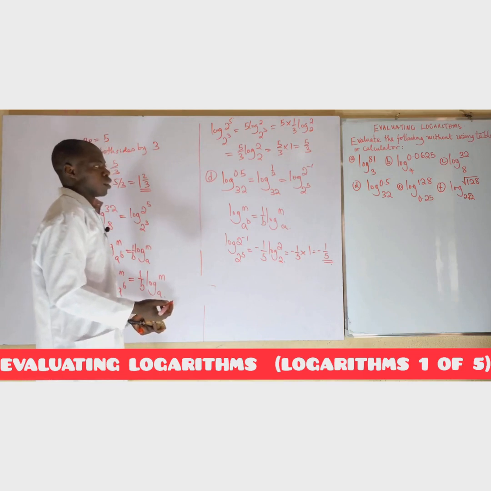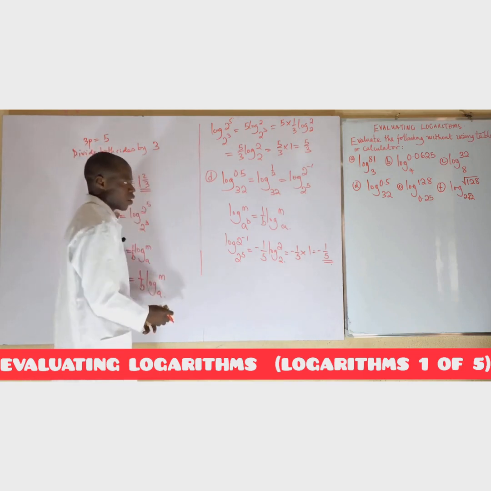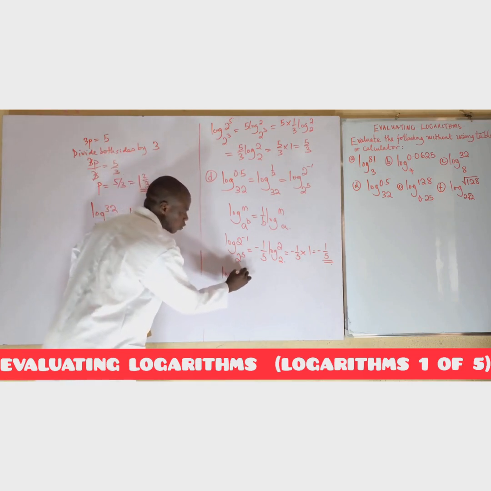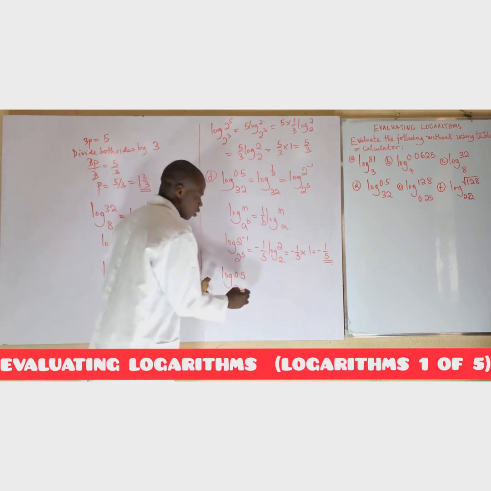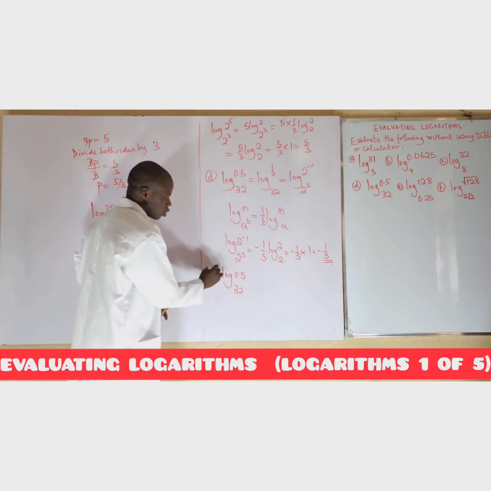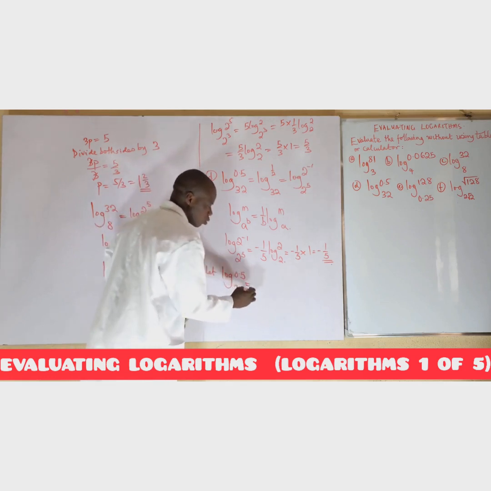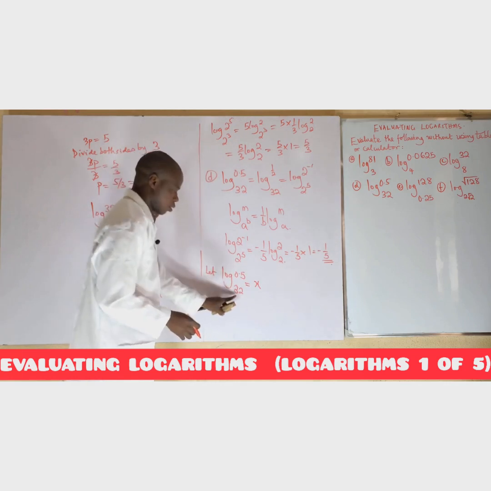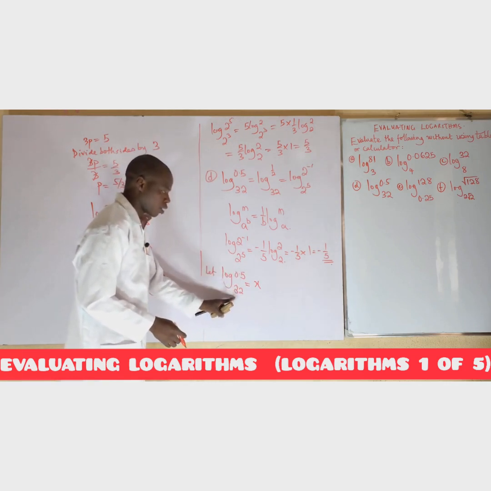Directly that way. And the same thing, you can apply the first method that we have applied before. In that case, when you're having log 0.5 base 32, you can say let log 0.5 base 32 equal to x.